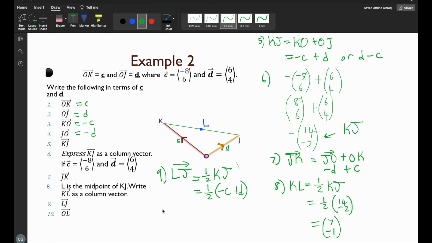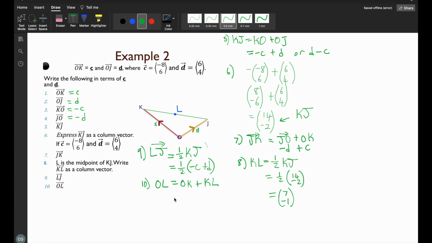Now the last one, 10, is OL. Remember, we have two ways to go. We could go O to J, then J to L. But I already have KL and O to K. So my journey could be O to K plus K to L. O to K, going in the direction of the arrow, is C. Then K to L, as we got from before, is half KJ.